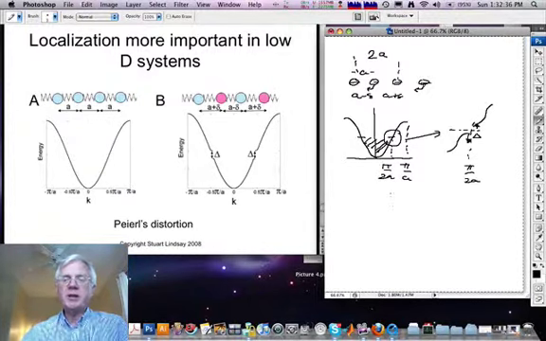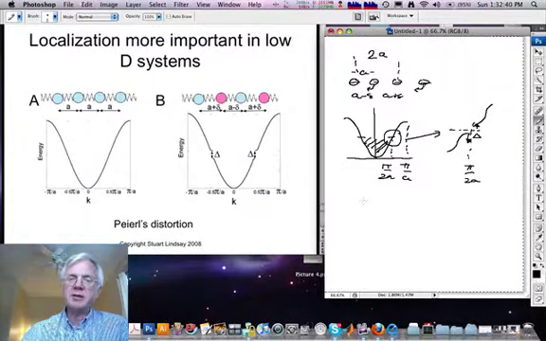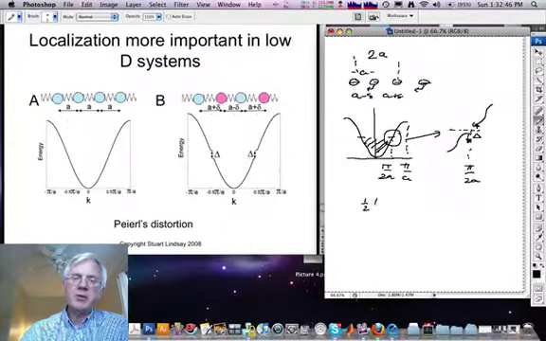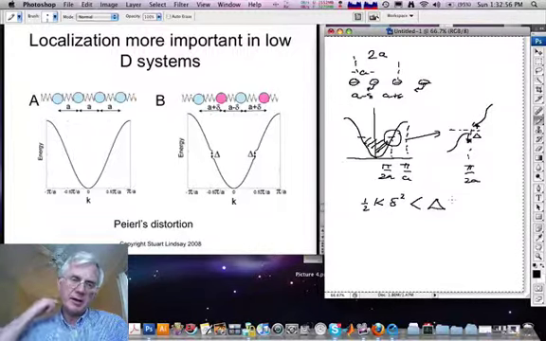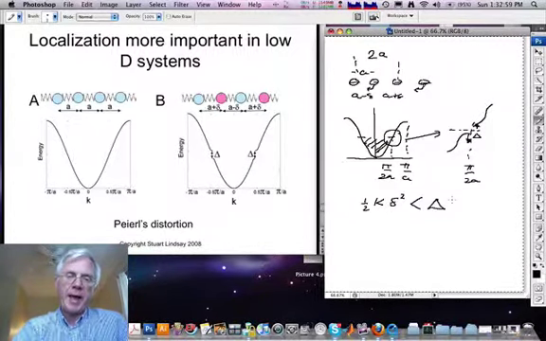In order to achieve this, we had to put an elastic distortion into the system of an amount little delta, and this would take an energy of a half the spring constant times little delta squared. As long as this is less than the lowering of electronic energy, a Peierls distortion will occur, creating a filled band, a gap, and switching off conduction in a one-dimensional system.